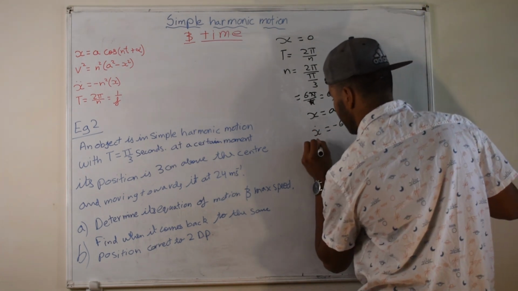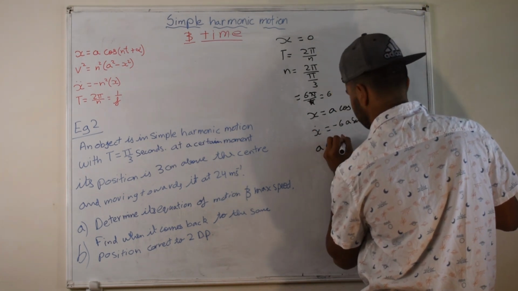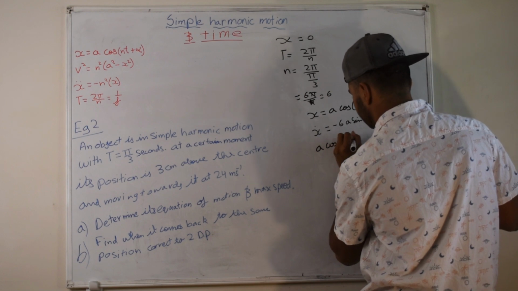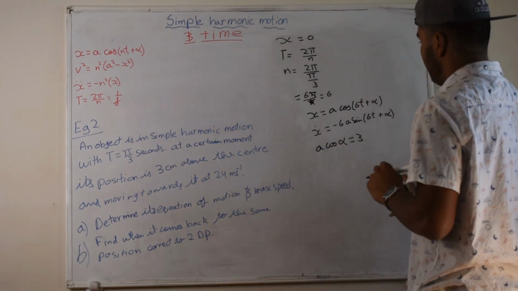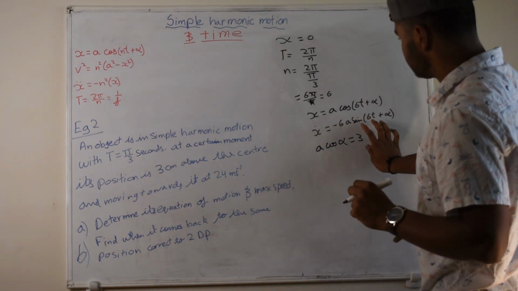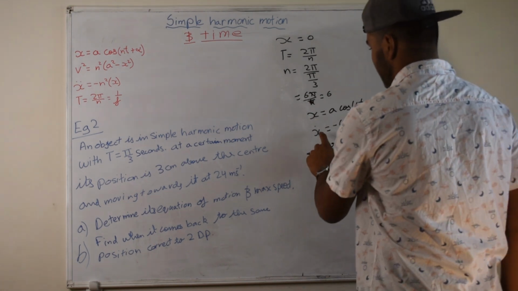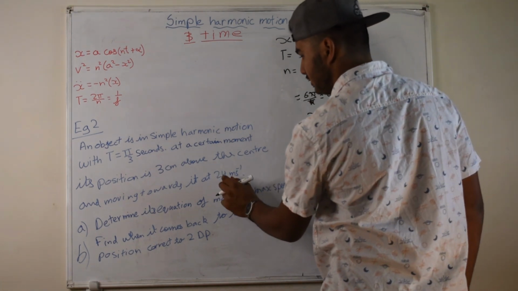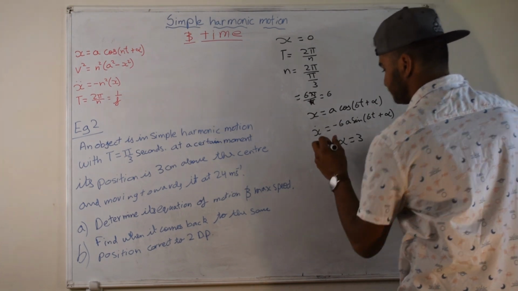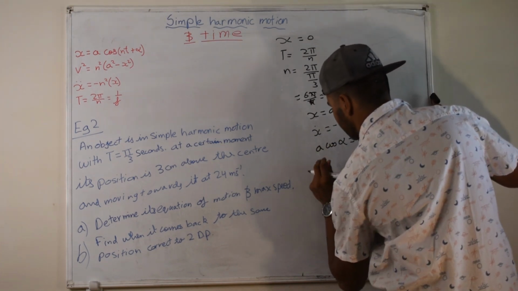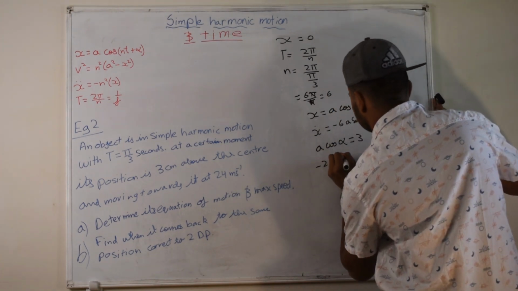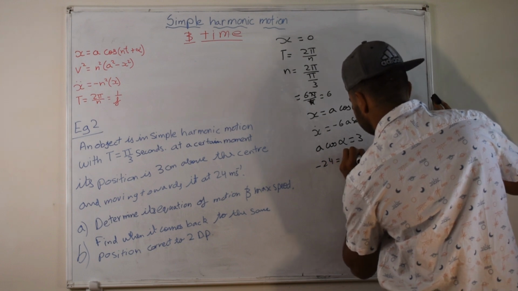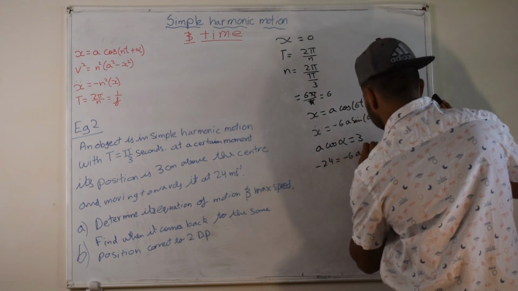So we can go a cos alpha equals 3. And when t equals 0 for this, x dot, its velocity is 24 meters per second. Negative 24 equals negative 6a sin alpha.